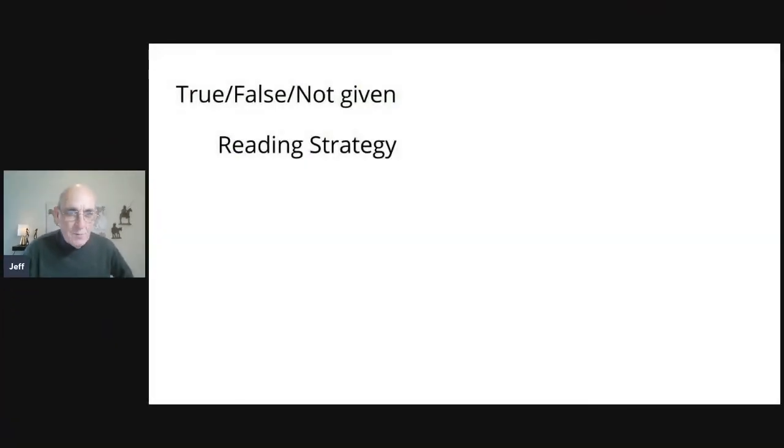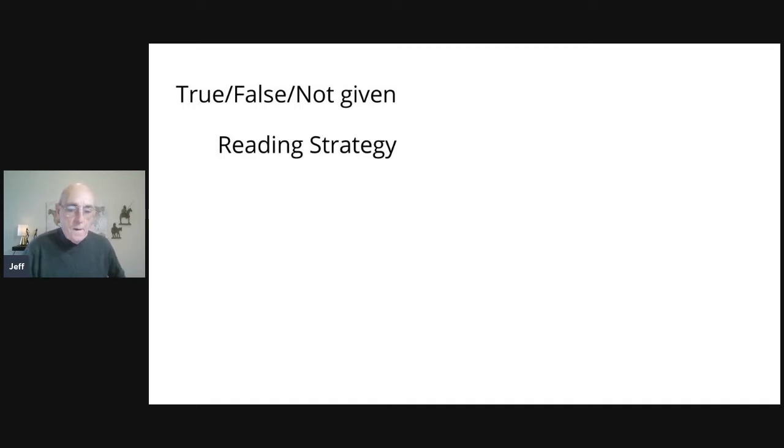True, false, and not given is identifying important facts in the passage based on the questions that were given. Yes, no, not given is more related to opinions and ideas. So when you're doing yes, no, not given questions, you're looking for opinions and ideas. But for today, we are looking for facts.